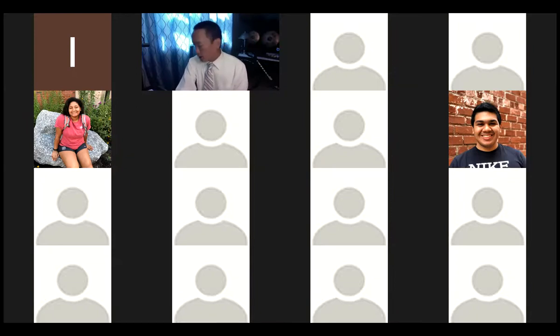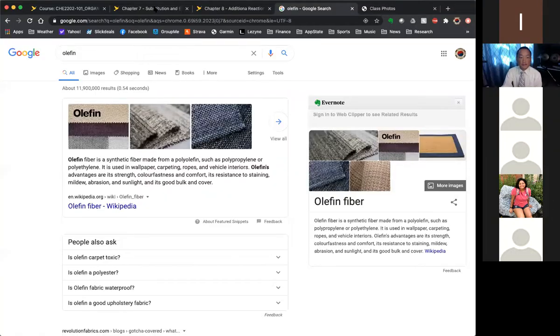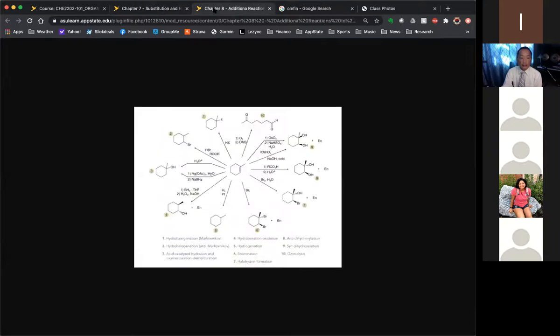So, when we start to look then at the reactions and how alkenes react, I want to point your attention to this, which is all the reactions that you need to know for these 10 different reactions that occur with alkenes.